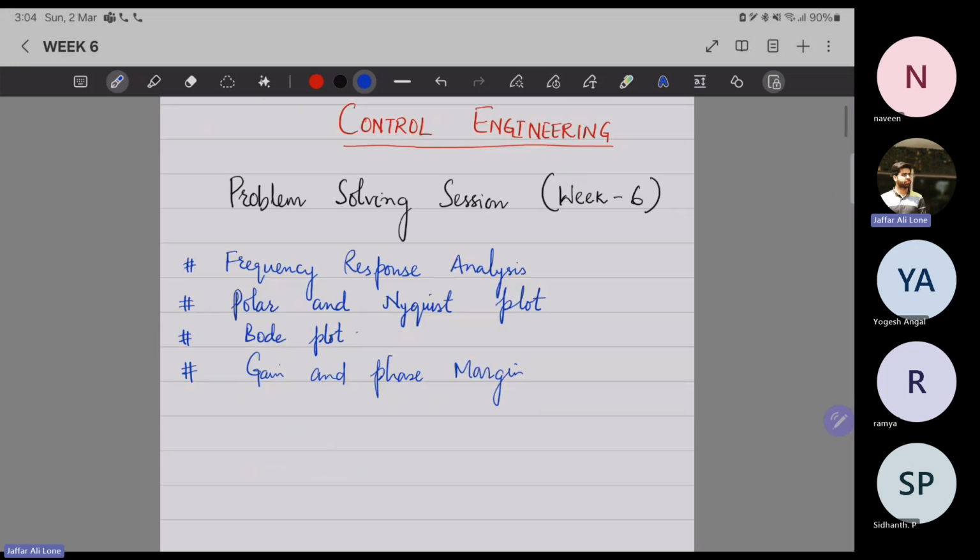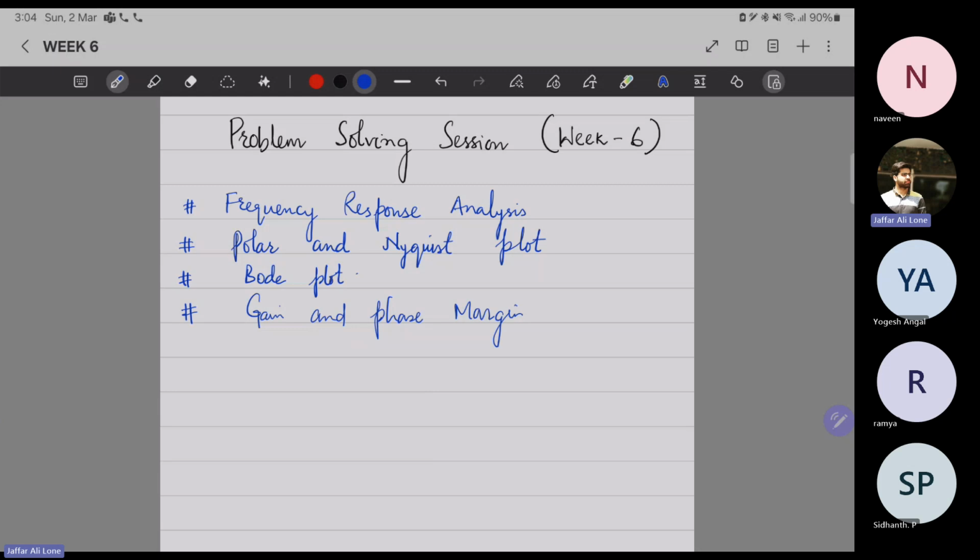I'll quickly recap what we have done till now. We started with the time domain analysis, where we studied rise time, peak time, settling time, maximum overshoot, etc. They were typical time domain specifications. Given a system, if you're asked whether it is good or bad for a particular application, you should be able to judge based on those specifications.